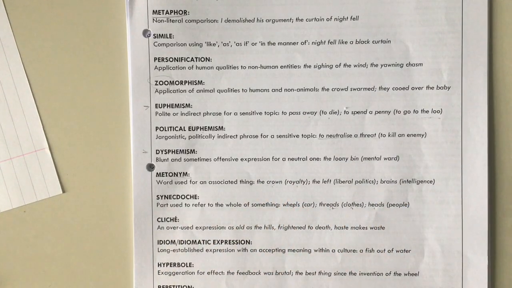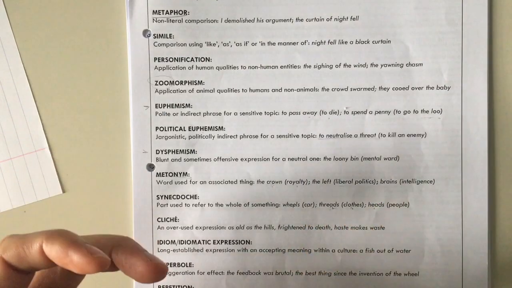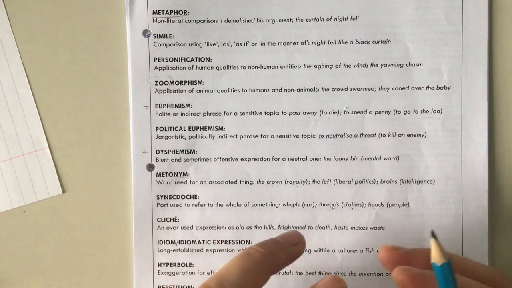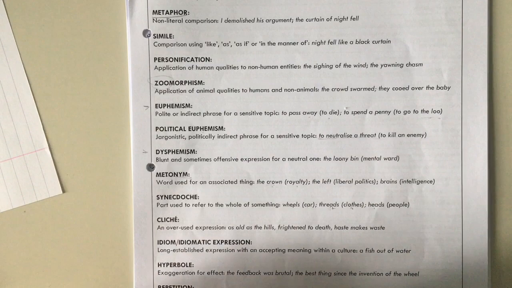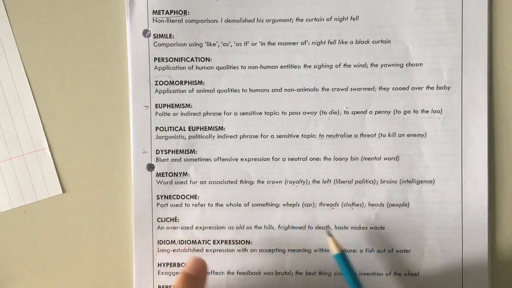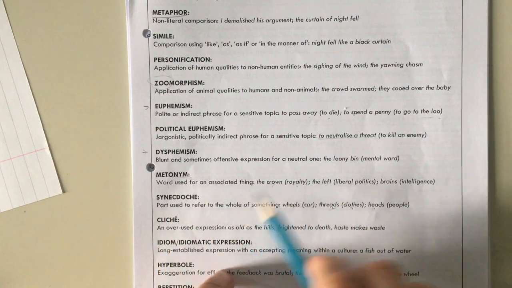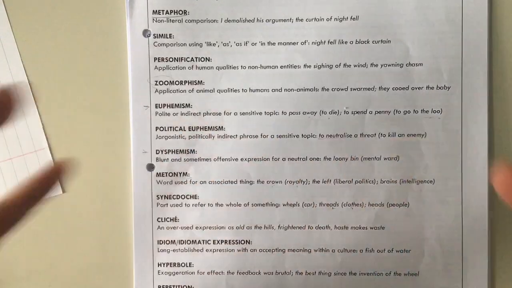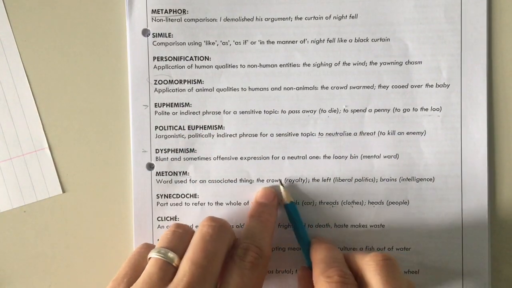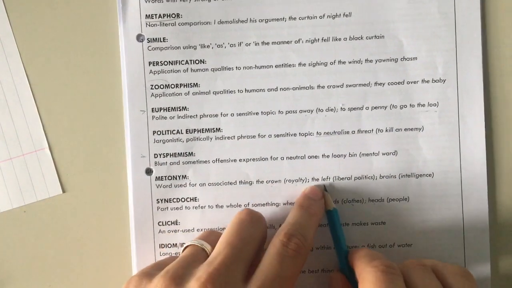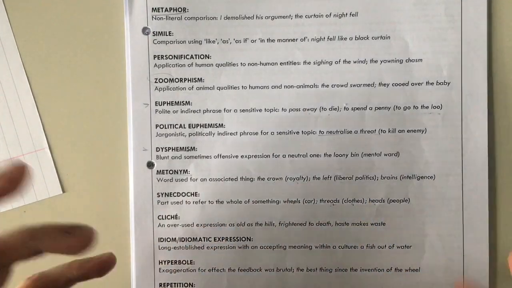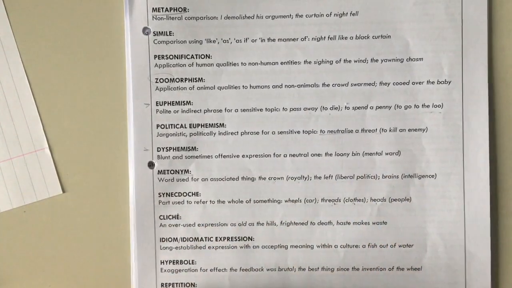So a metaphor is a figurative way of saying something, often quite visual, whereas a metonym is almost like symbolism. It's something that symbolizes the whole way of life or the whole bigger idea. A crown symbolizes royalty. The left is sort of an umbrella term for liberal politics in that way.